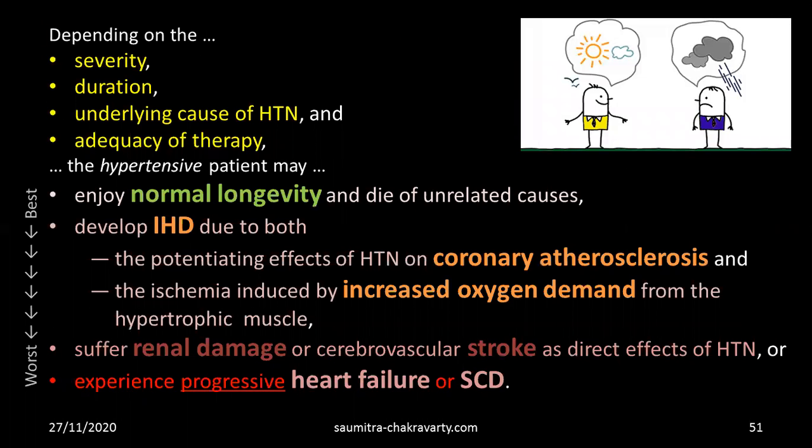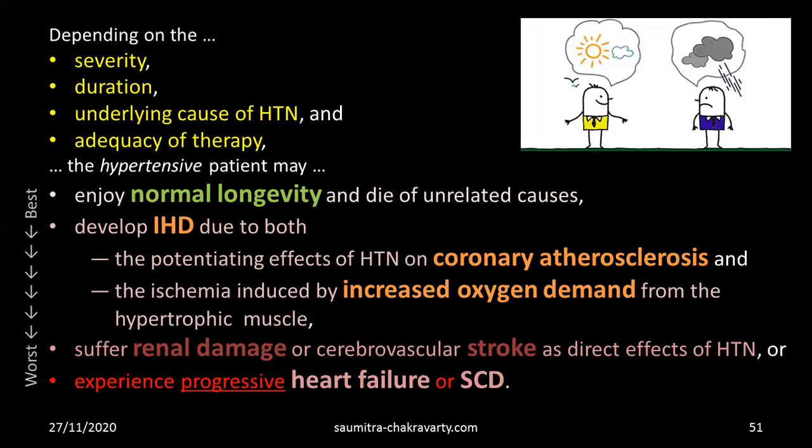Now, depending on the severity, duration, and underlying causes of hypertension and adequacy of therapy, hypertensive patients can enjoy normal longevity, just like the normal population that does not have hypertension. People who have hypertension but are managed adequately can have a full life. But if they develop ischemic heart disease, things could go south.